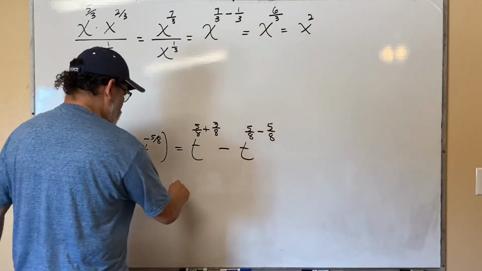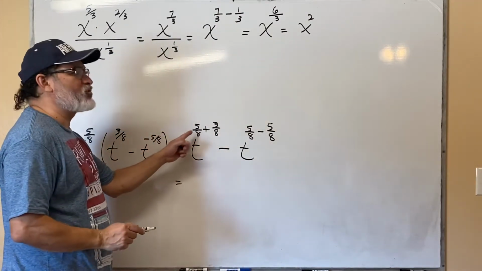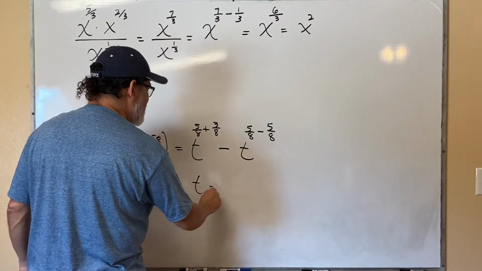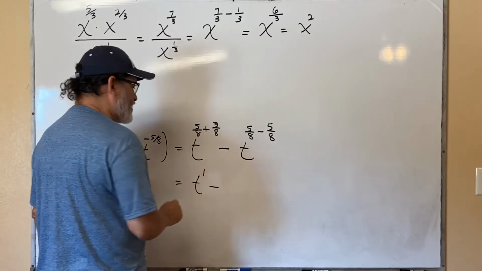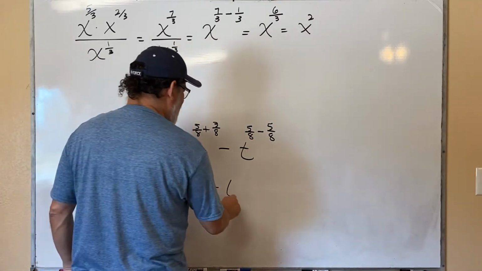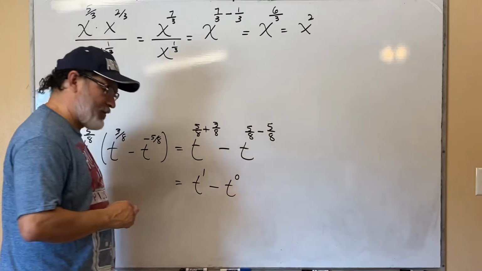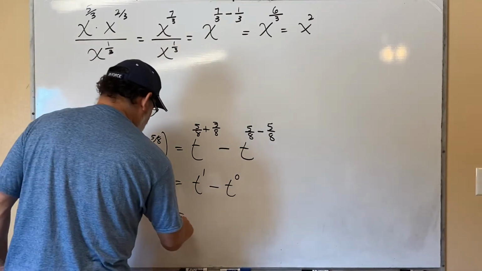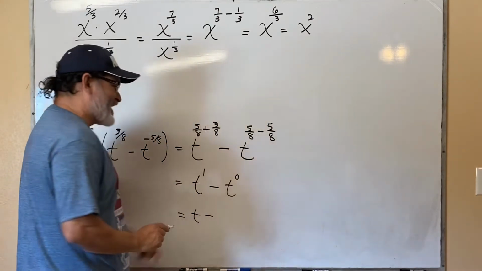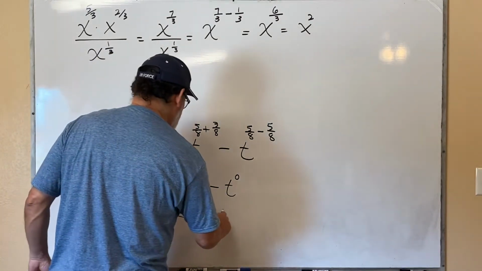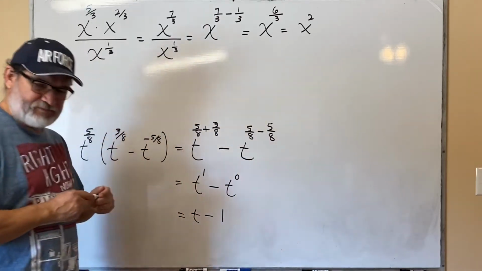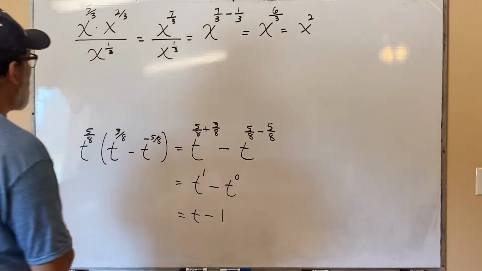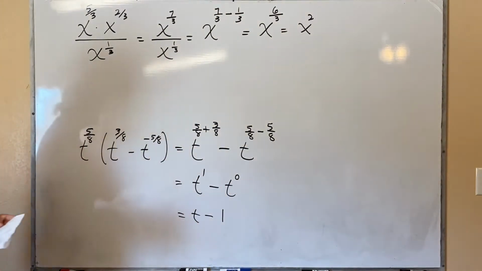So therefore, this becomes t to the 8/8. This is t to the first minus t to the 0. And t to the first is just t, and t to the 0 is just 1. Very good. There you go.